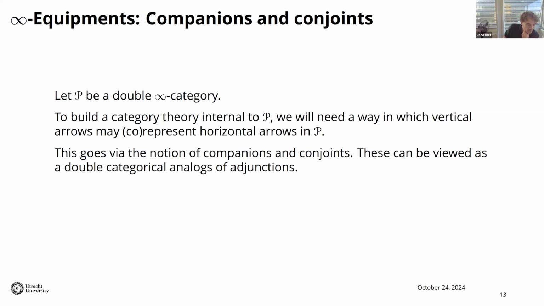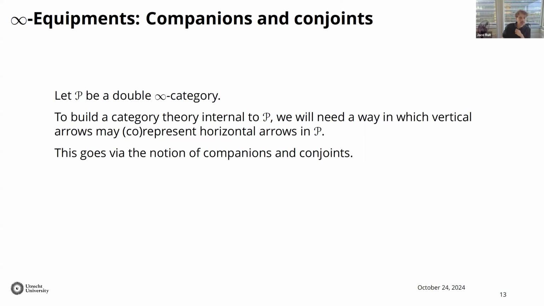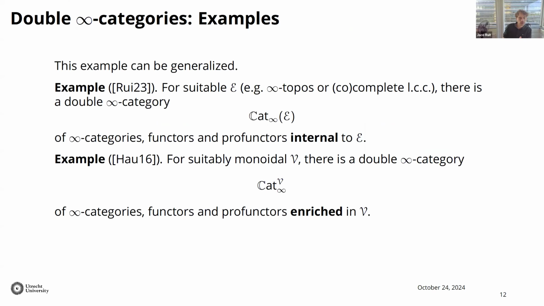So there's a question: on which level should we consider this enrichment if we would restrict to double categories? On the level of morphisms or rather on the level of squares of double morphisms? I think this is about the example by Rune. So this is just an ordinary double infinity category. It's a simplicial object in Cat infinity.